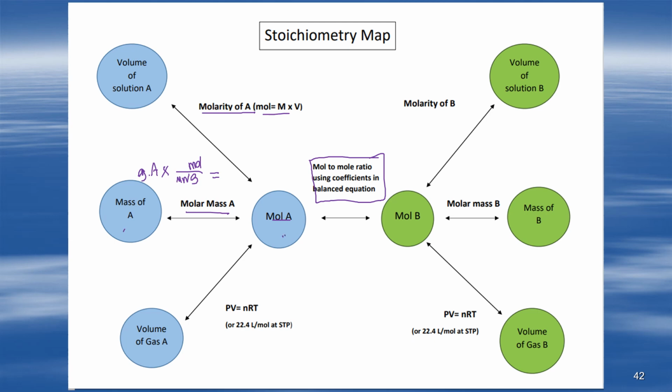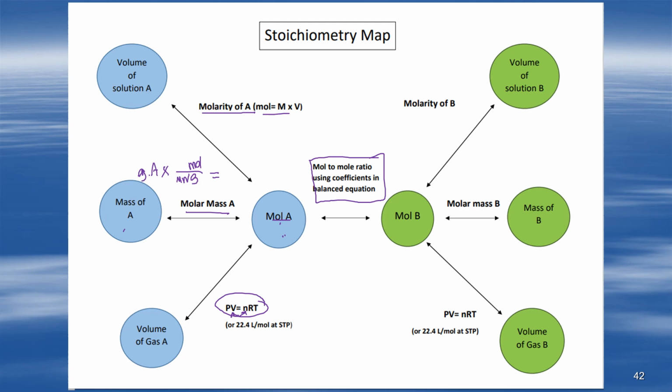Now we have one more thing to add. We also had density, I showed you a slide in the last chapter. But now we know the gas law. If we know the volume of a gas, then volume and moles are related. So if we know the volume of a gas and its pressure and its temperature, then we can also figure out how many moles it's equal to. So this is another stoichiometric way.